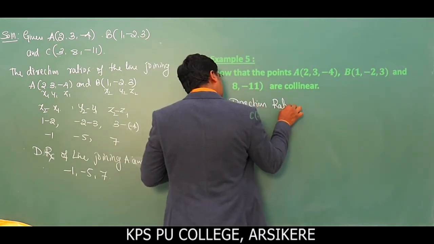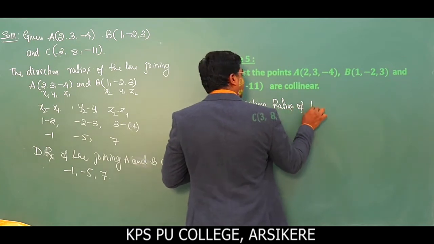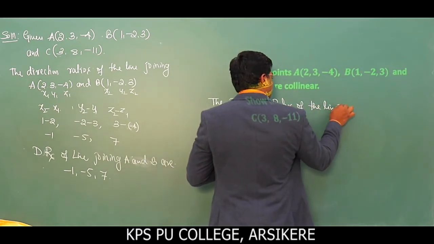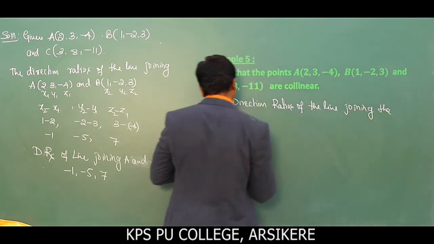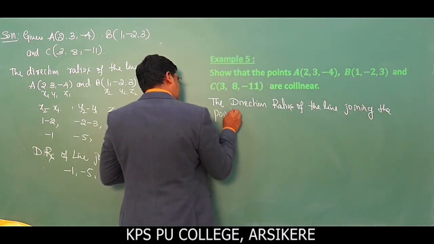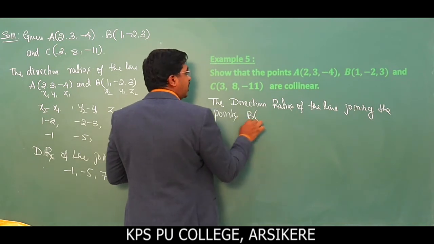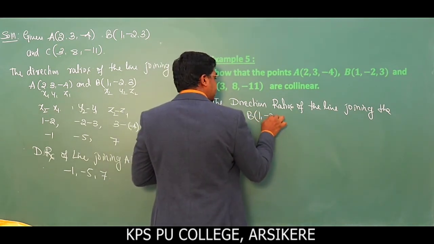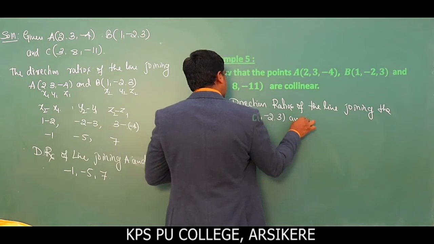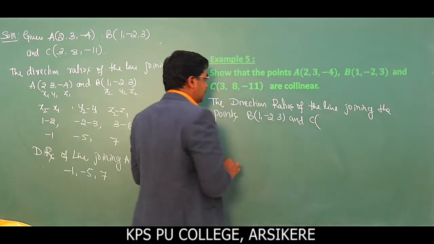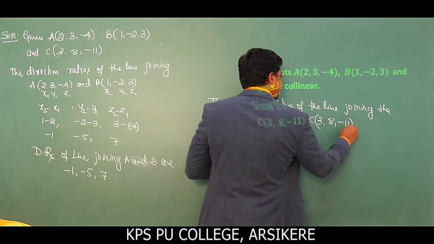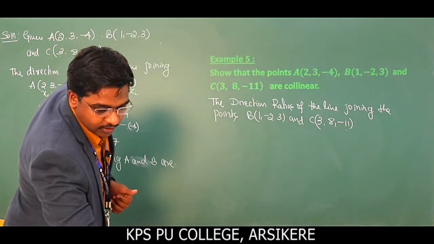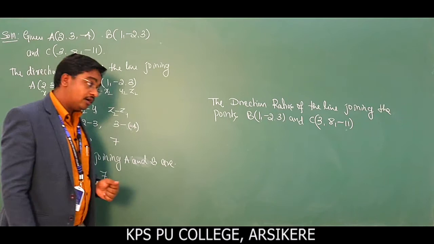The direction ratios of the line joining the points B and C. What is the point B here? B is (1, -2, 3) and C is (3, 8, -11).